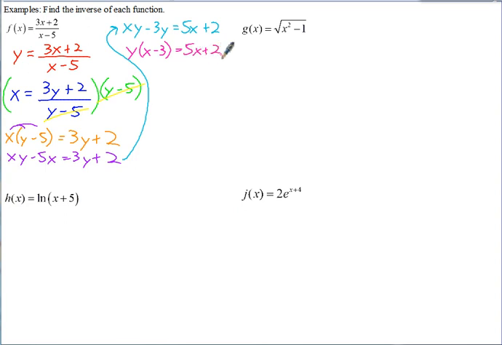Then all you have to do is divide by that x minus 3 to isolate the y. So y equals 5x plus 2 divided by x minus 3. The final thing to do is put it in inverse function notation. The original function was f of x, so our inverse would be written like this: the inverse of f equals 5x plus 2 over x minus 3.